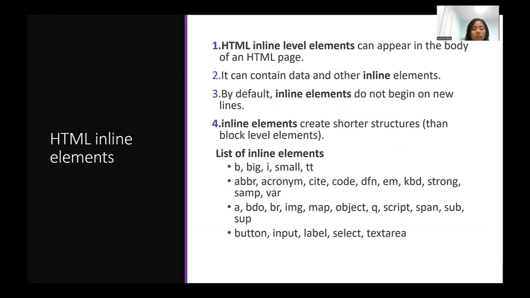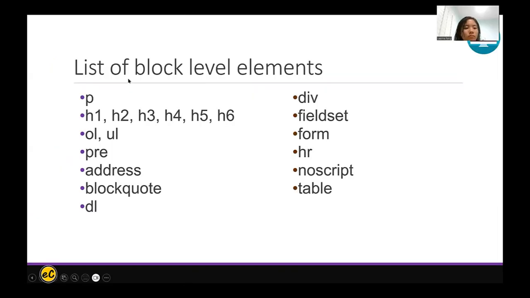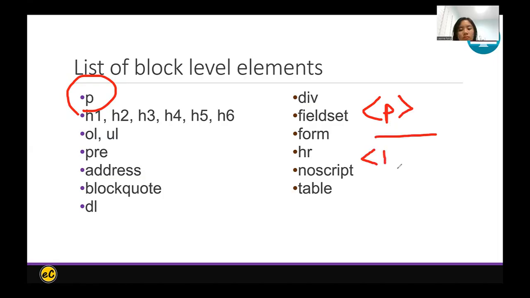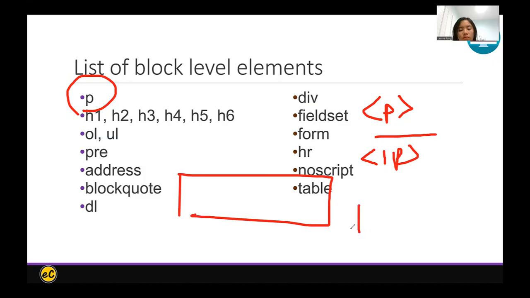So usually, if you have a block tag, like a paragraph tag, it usually is a line, and then you finish it. So you have this paragraph, and after that, you open and close a new line.